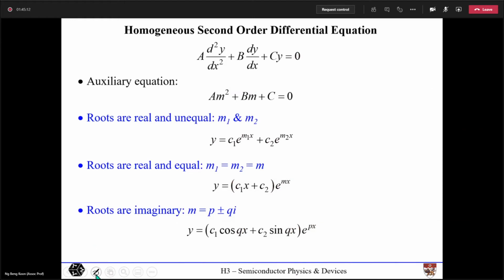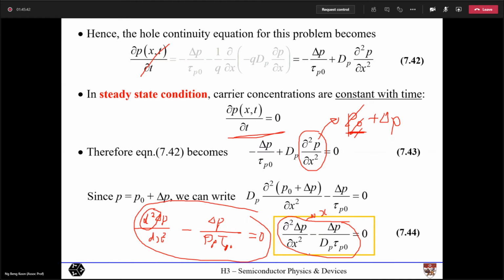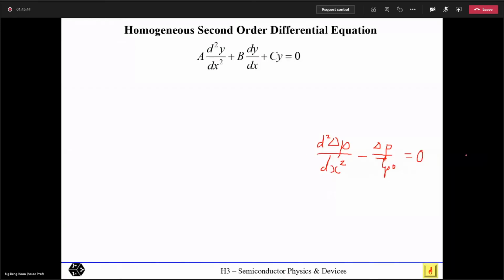The actual equation that we have is d squared delta p over dx squared minus delta p over D_p tau p naught equals 0. Sorry, there's a missing D there: D_p tau p naught.